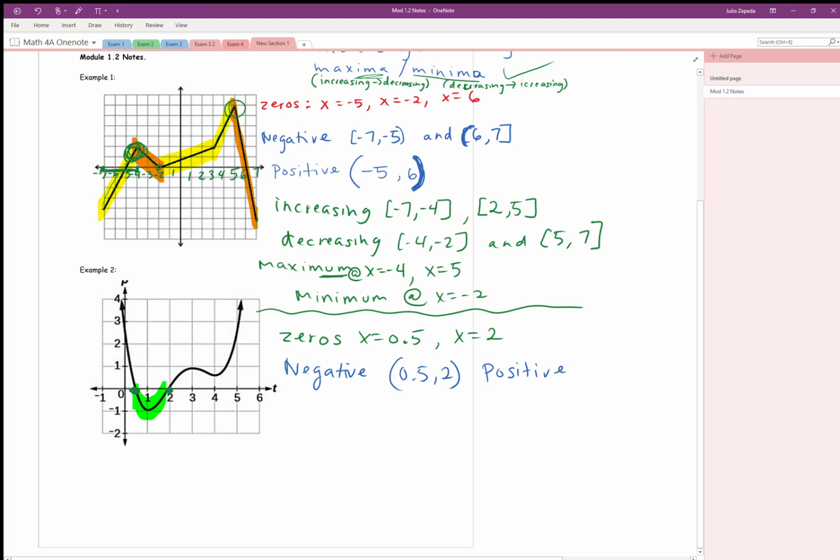And positive is going to be for the rest of my graph. So like right here, it's all on the positive side of the x-axis, so above the x-axis, and also right here is also positive. Okay, so I'm going to say anything less than 0.5 is going to be positive, and anything greater than 2 is going to be also positive. Since I have arrows, I know it's going to infinity.